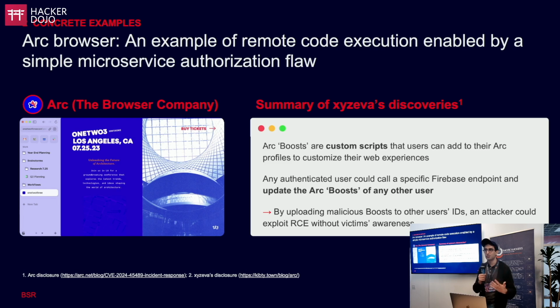Your browser is supposed to be one of the most secure products in your user software stack. Okay, so these are all the concrete examples. Hopefully, it gives you a sense of how these vulnerabilities come to exist, and also a little bit of their shape.